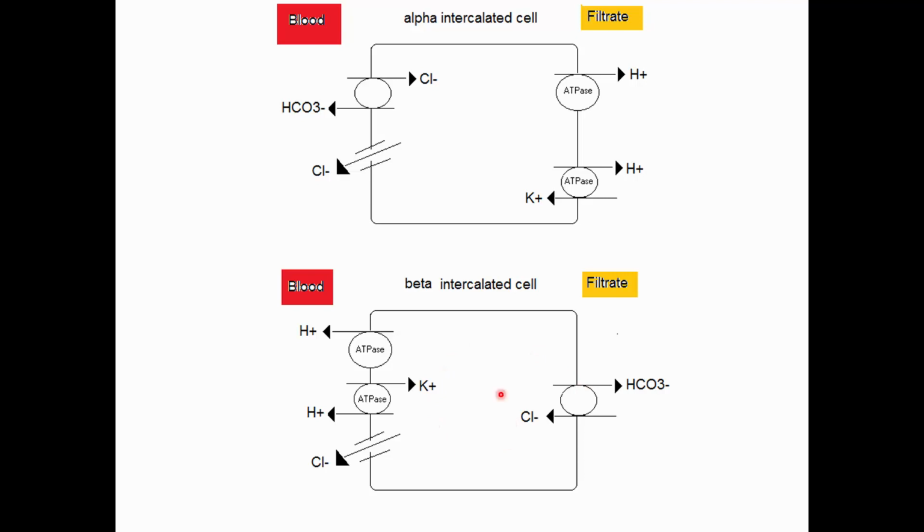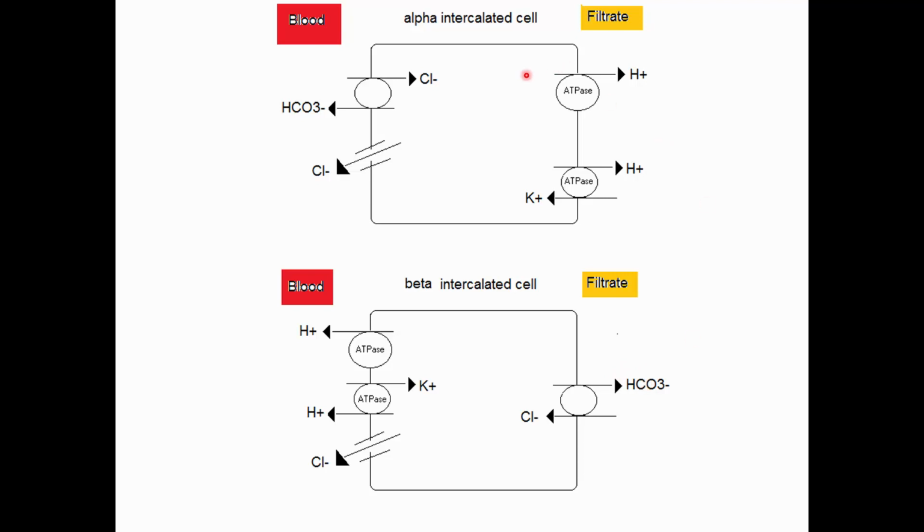So I hope you can see why we would use these cells with alkalosis, because that would allow us to really increase not just our excretion of filtered bicarb, but we actually would be able to secrete extra bicarb if we had a prolonged alkalosis.